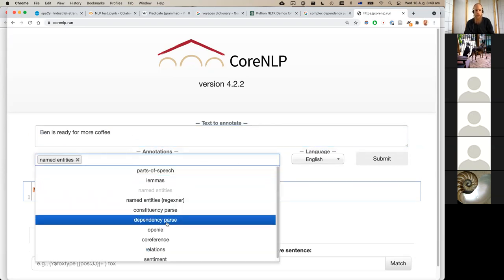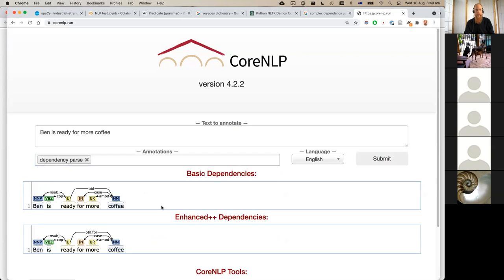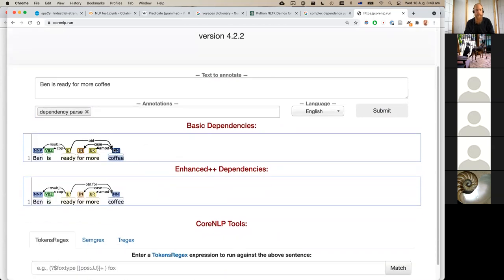And have a look at the dependency parse for this input. So we have, again, the noun subject, Ben is ready. So that's our subject in the phrase. More coffee.